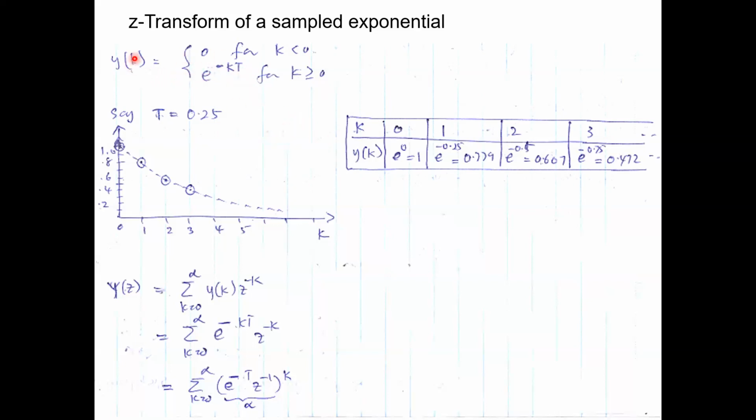So this is our function. And if you want, you can calculate the samples: put k equals 0, 1, 2, 3, and so on. And this is y[k]: e to the 0, e to the minus 0.25, e to the minus 0.5, and so on. These are the function values. And when you draw it, you will see it like this. It is a decaying function, okay? Decaying function.